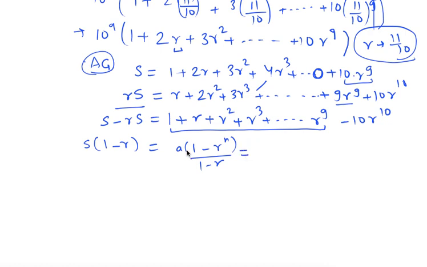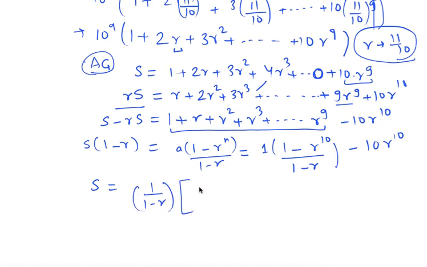So here the first term is 1, so we get 1 minus r to the power 10 divided by 1 minus r, and minus 10 into r to the power 10. So S is nothing but this divided by 1 minus r. So this becomes 1 minus r to the power 10 upon 1 minus r minus 10 into r to the power 10.